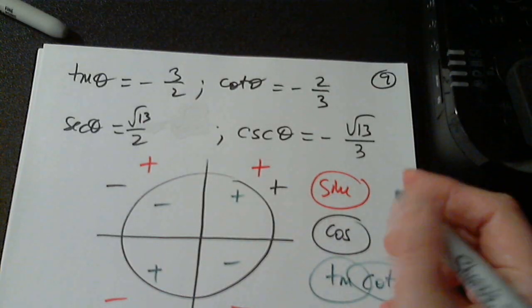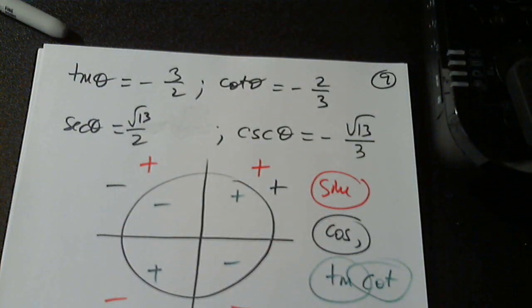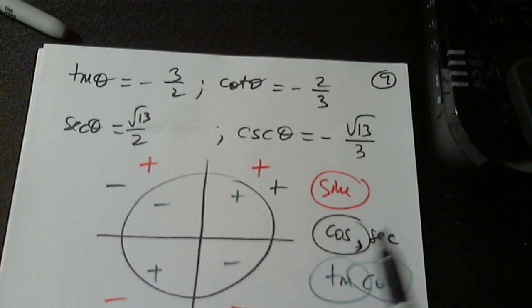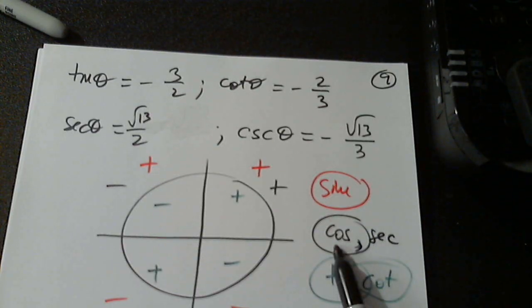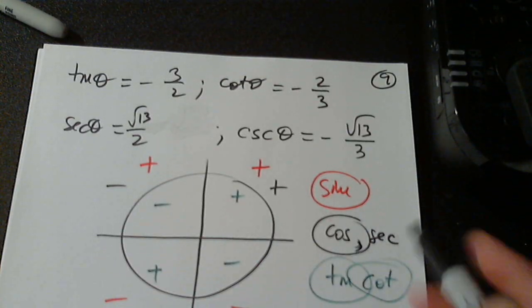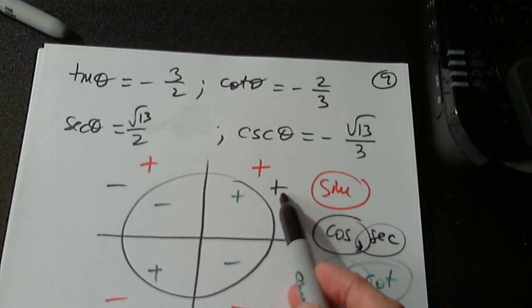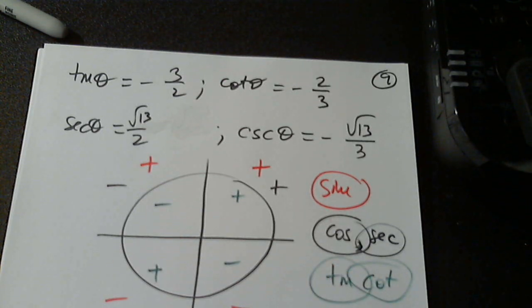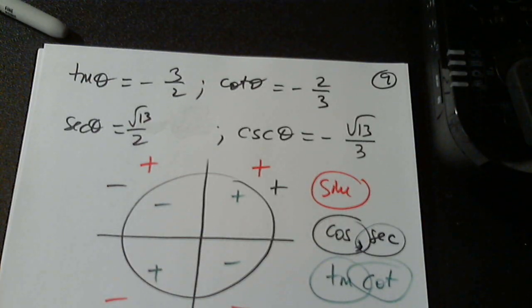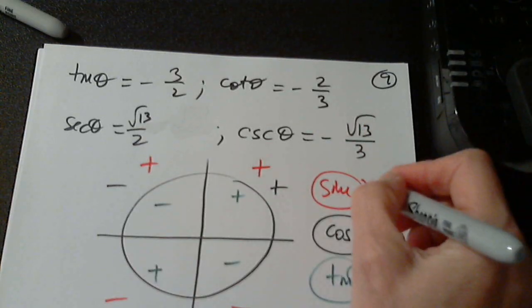What about cosine? Cosine has the same sign as secant, because secant only has cosine in it. If cosine is positive, secant will be positive. If cosine is negative, secant will be negative. Same thing with sine and cosecant.